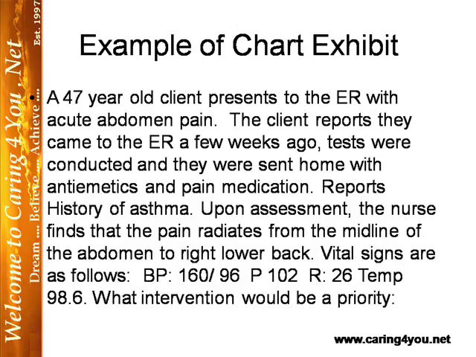She reports a history of asthma. Upon assessment, the nurse finds the pain radiates from the midline of the abdomen to the right lower back. Vital signs are as follows: BP 160/96, pulse 102, respirations 26, and temp 98.6. What intervention would be a priority?